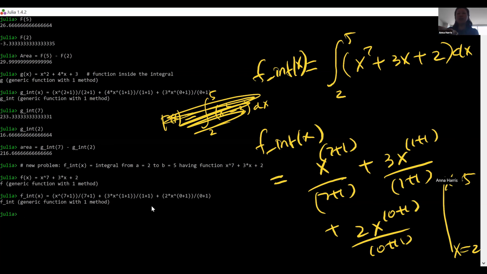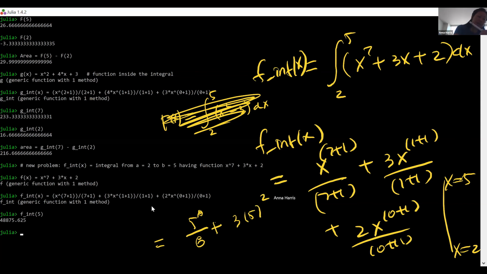So in this case, I just need to find then F integral of 5, and the number is this. So in other words, 5 to the 8 divided by 8 plus 3, 5 to the 2 divided by 2 plus 2, 5.